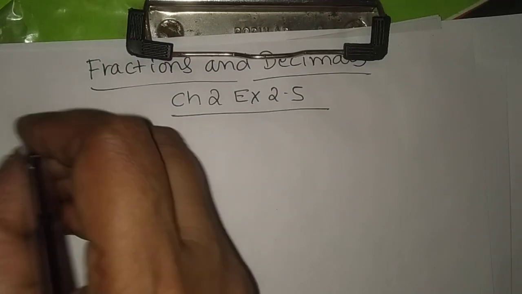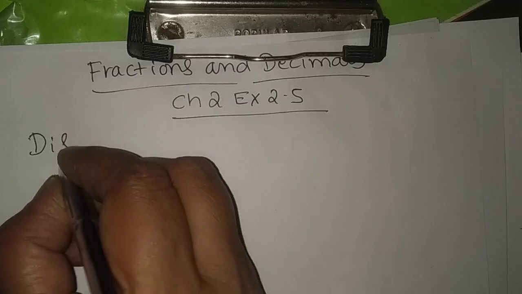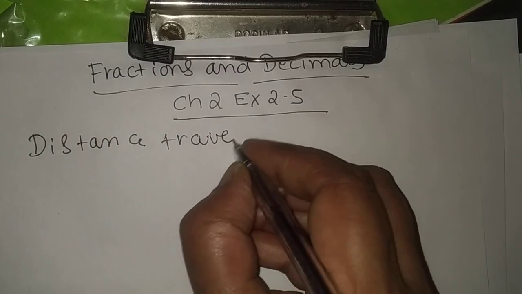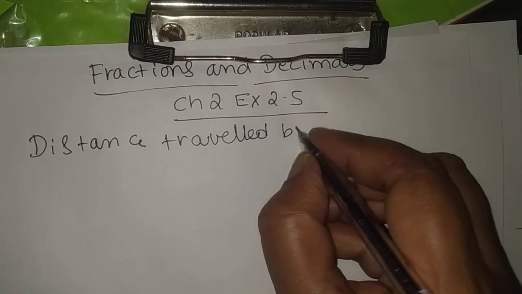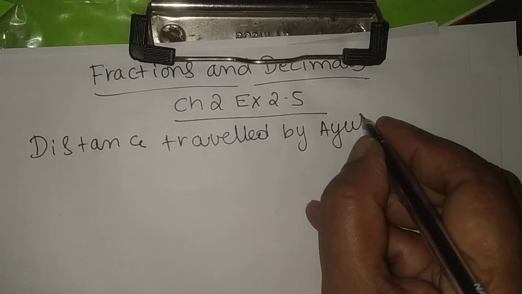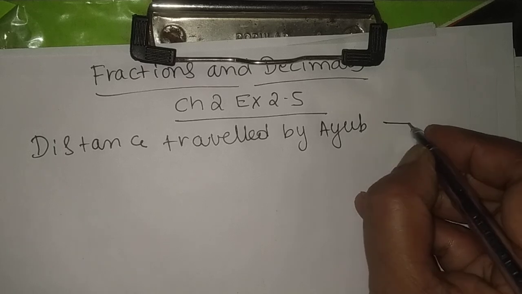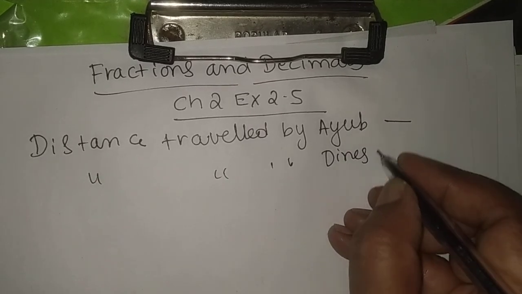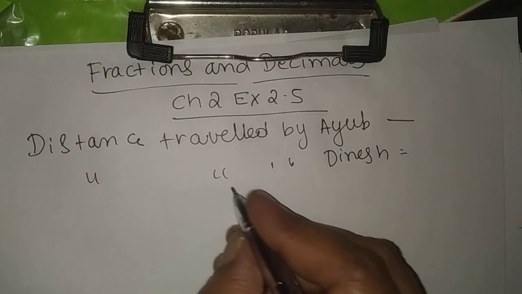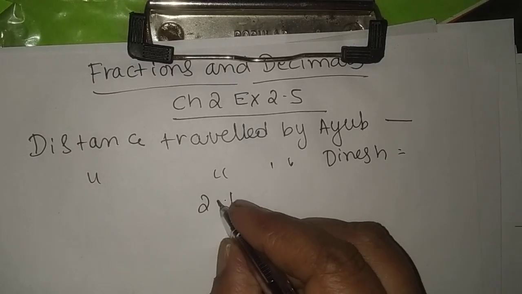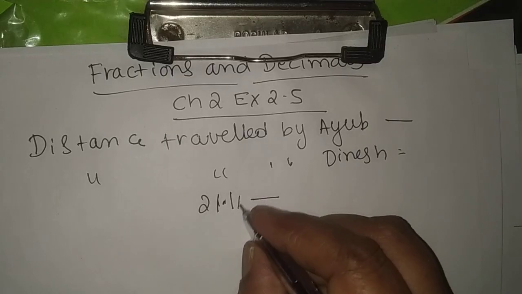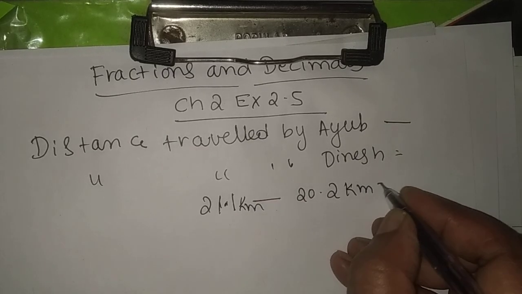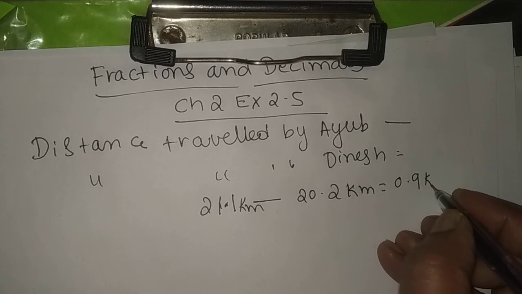So after subtracting, I'll write here: distance traveled by Ayub minus distance traveled by Dinesh is equal to 21.1 kilometers minus 20.2 kilometers, which is equal to 0.9 kilometers.